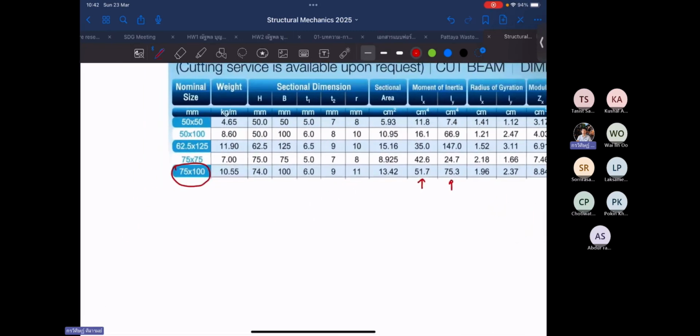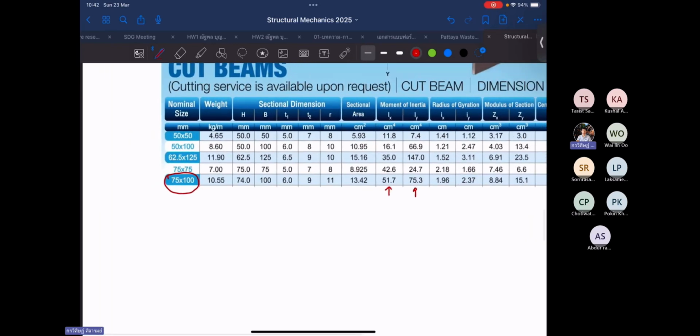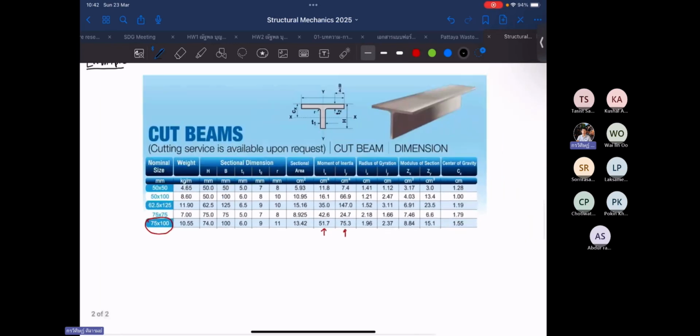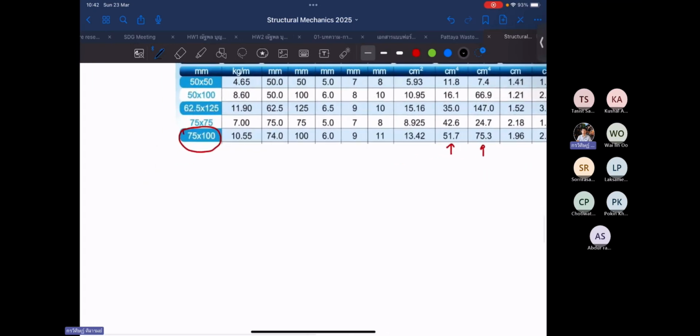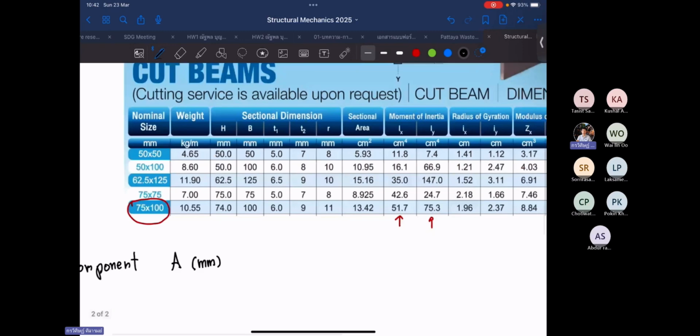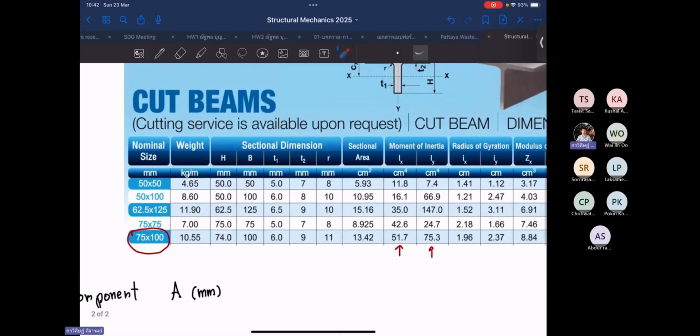To do this, we may need to use a table because it will be easy for you to track what you are using in the calculation. The table starts with the component, then the sectional area. Please always identify the unit. In this case, I will use exactly what the table gives me.